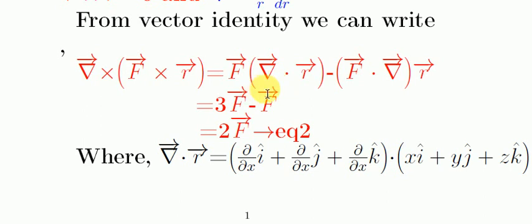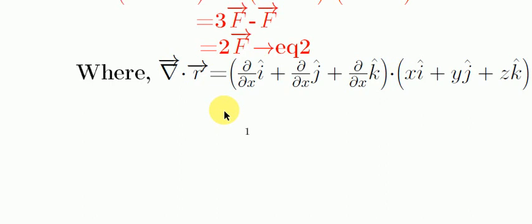And in the next step we can write 3F, because del dot r is equal to 3. We know it from vector calculus, where del dot r equals del/del x i cap plus del/del y j cap plus del/del z k cap, dot x i cap plus y j cap plus z k cap.